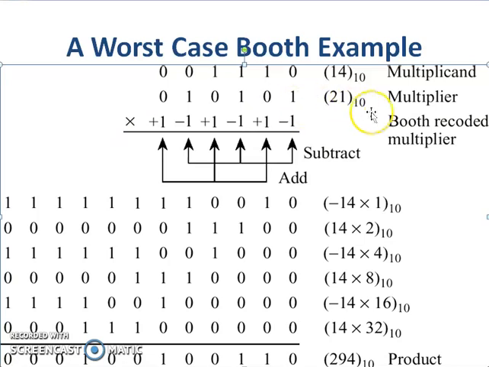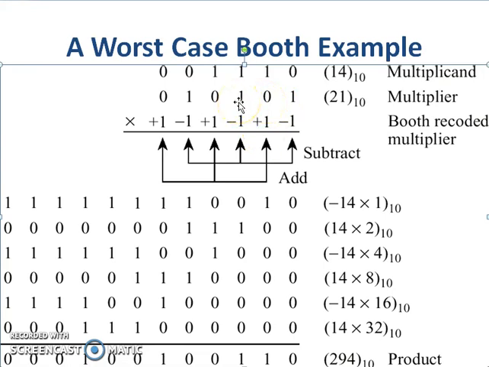Then from the multiplier, which in our case is 21, you have to write the Booth recoded multiplier. Place a -1 in the string where you see the first 1, and +1 where you see the next 0.